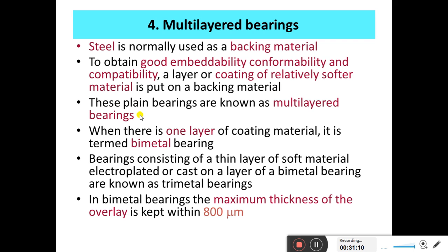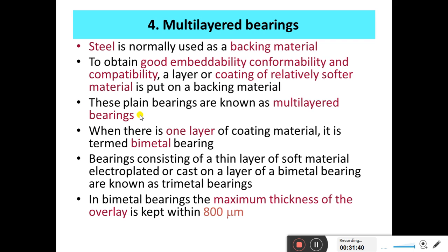Now silver is there; we could use silver as the overall material, but what happens is the cost increases. For a 0.5 kg bearing, the cost becomes more than 15 to 20,000. But if silver is coated on cast iron or steel, the overall cost may reduce to 500 or 1000. Clear? So this is a multi-layered bearing.